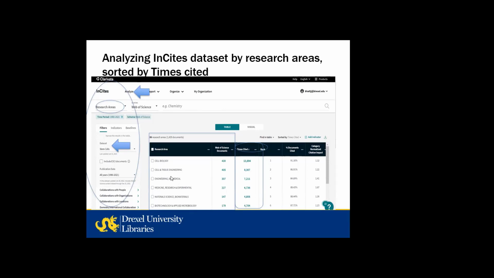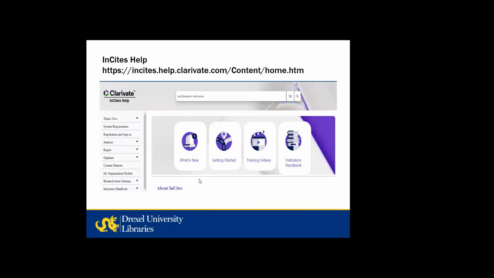Cell biology, cell and tissue engineering, so it is biomedical engineering, then you have medicine, material science, biomaterials from the biomedical engineering and materials engineering perspective, biotechnology, applied microbiology. So this shows the interdisciplinary aspect of the research covering all major disciplines.